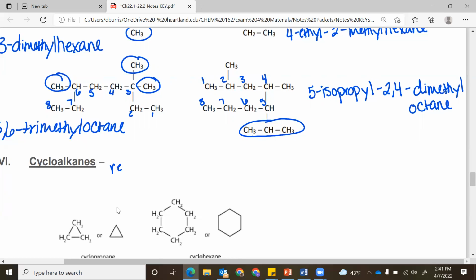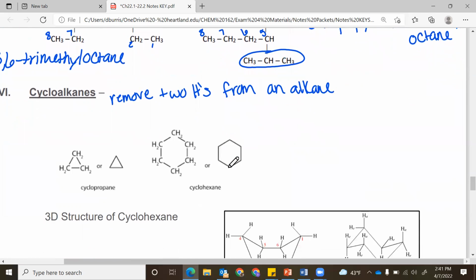So cycloalkanes remove 2 H's from an alkane. You can only do this with 3 or more carbons. 2 obviously can't make a circle. So remove 2 H's from an alkane and connect the C's to form a ring.